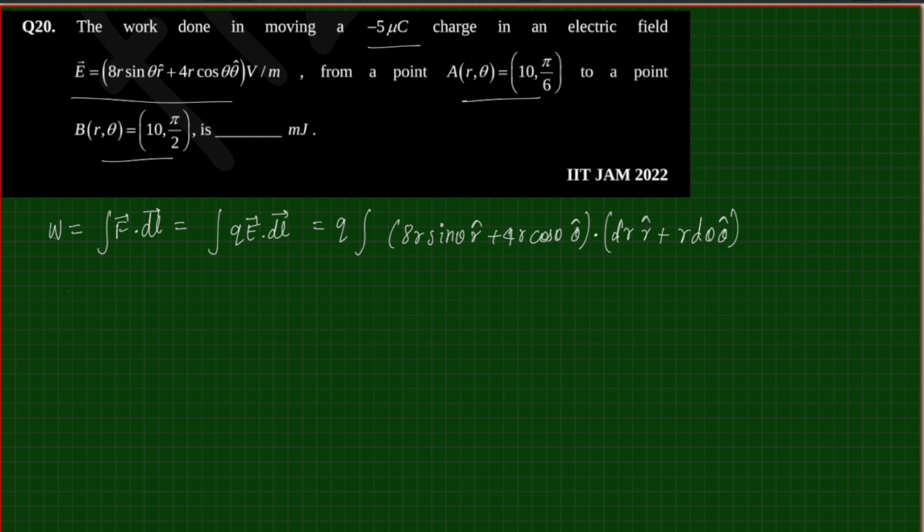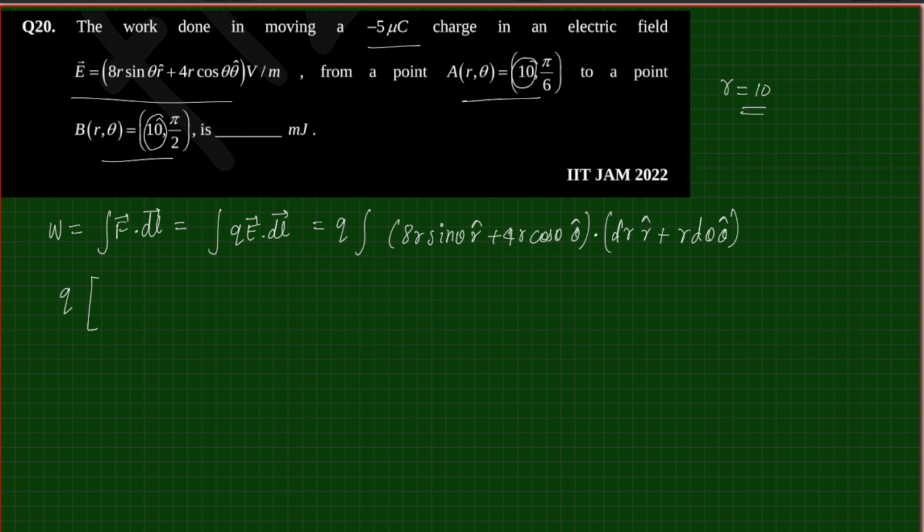So q is taken outside, and here as we can see, r is fixed at 10. r is not changing. Here r is 10 and here r is also 10.